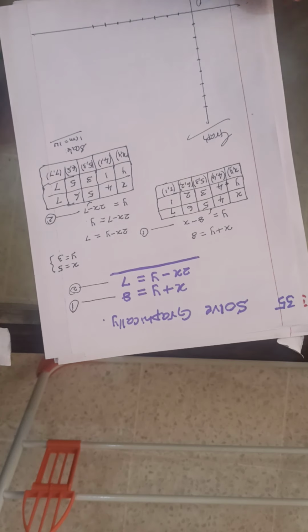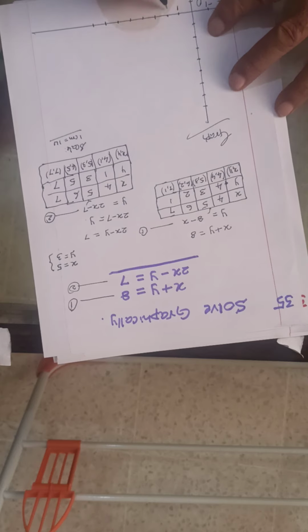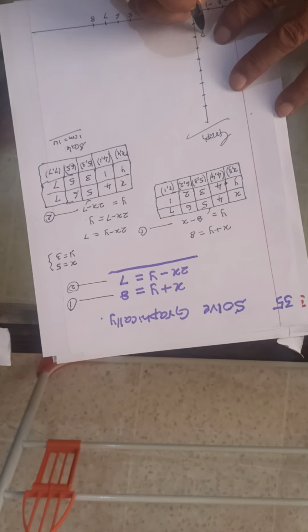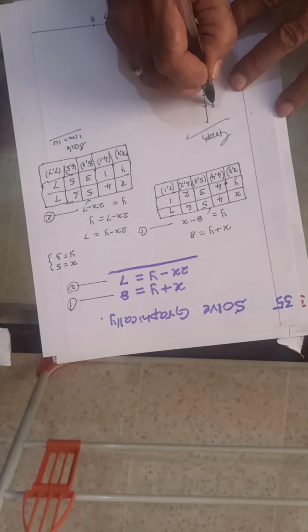Here also we can mark minus 1, minus 2 like this. Now this is 1 to 8 on the x axis and 1 to 8 on the y axis.